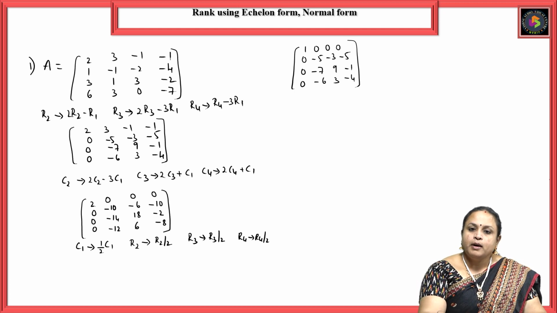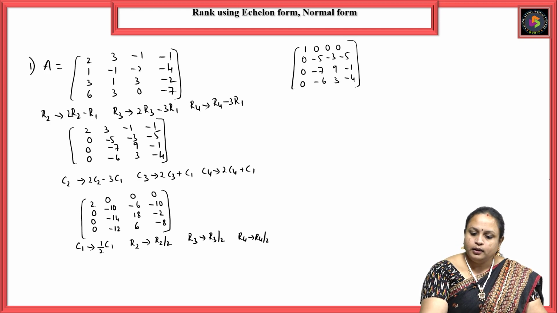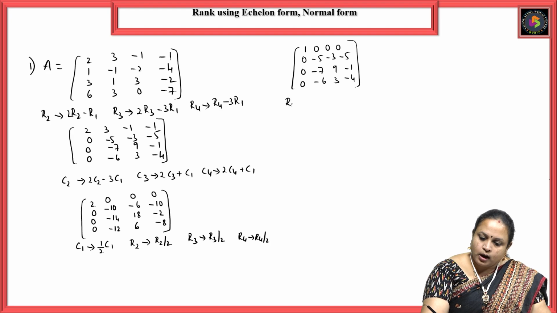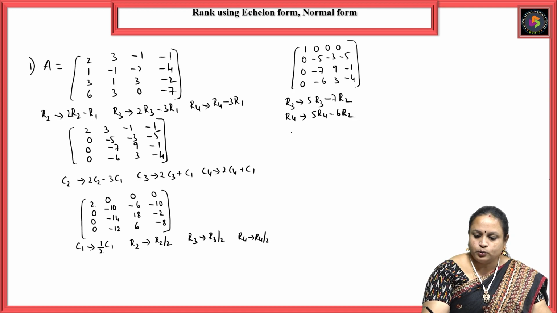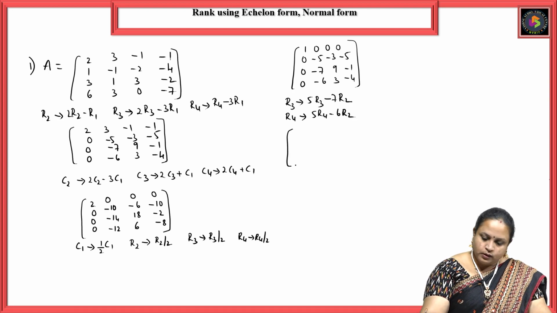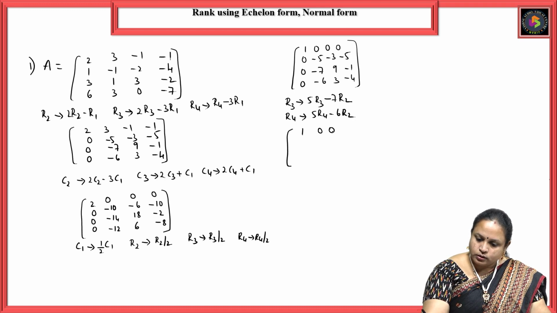Now let us make minus 7 and minus 6 as zeros using the second row. So R3 implies 5 R3 minus 7 R2. R4 implies 5 R4 minus 6 R2. So you'll get 1 0 0 0.